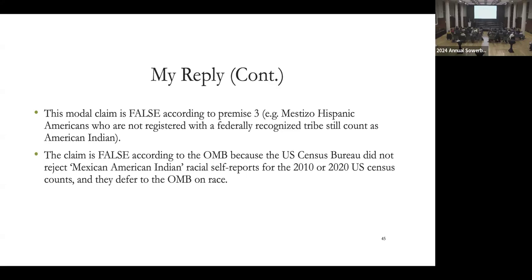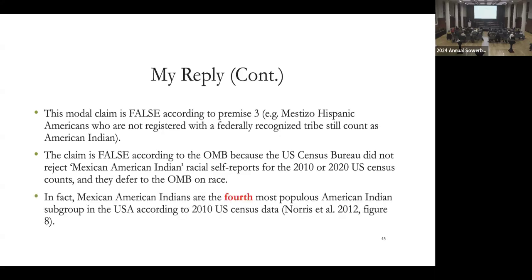And we can see that instead of not counting the self-reports of Americans who write in that they're American Indian, but they don't put in any federal tribal affiliation, they created new language and they said, hey, we'll call these individuals who call themselves Mexican American Indians, Mexican American Indians. And in fact, they're one of the largest groups of American Indians in the United States, according to the US government.